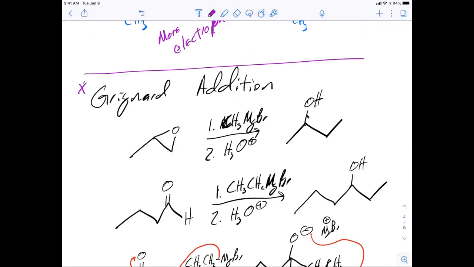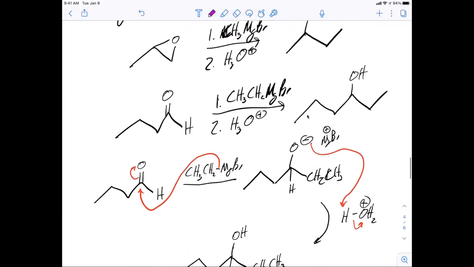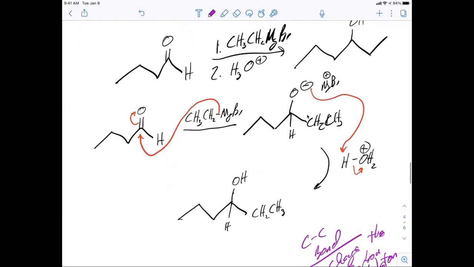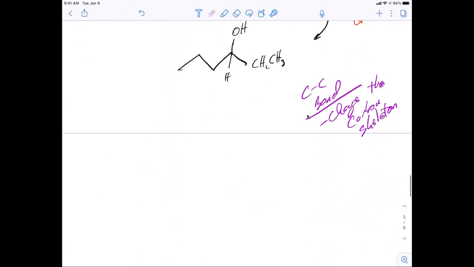So go up here and put a little star. Anytime you see a carbon skeleton change, you need one of these reactions, right? And Grignards did that with the epoxides. You can also do it with the carbonyls. It also works with ketones.